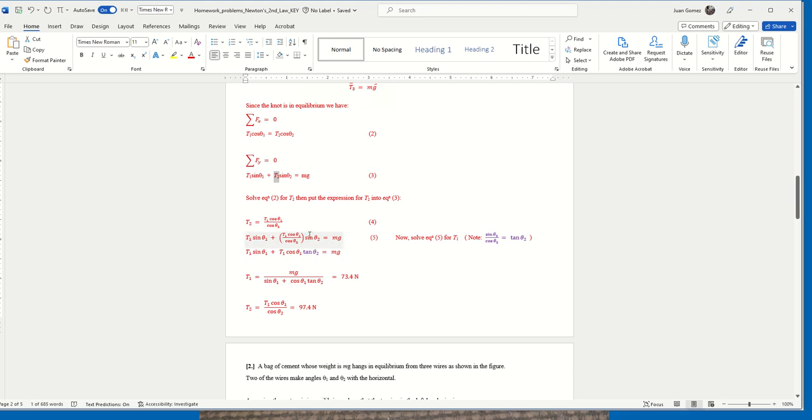Then it's very straightforward from there. In the second term on the left right here, you have sine theta 2 divided by cosine theta 2. Well, that's tan theta 2. So that sine over cosine is now the tan in the purple. And then from there, solve for T1.